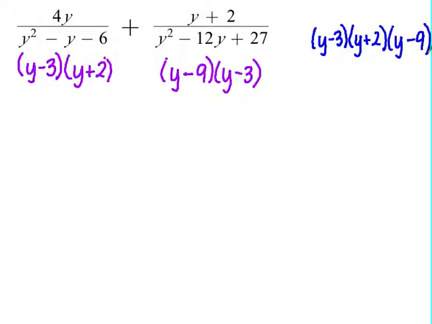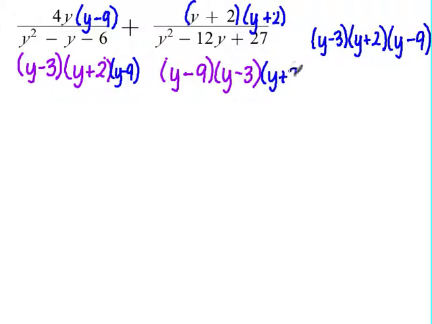What am I missing from the first term? y minus 9. Okay, so I'm missing the y minus 9 right here. What am I missing from the second term? y plus 2. Now with this one, I've got a quantity times a quantity, so I'm going to have to FOIL that out.